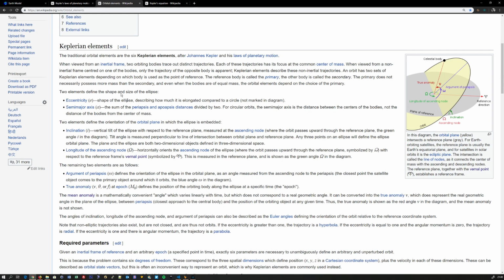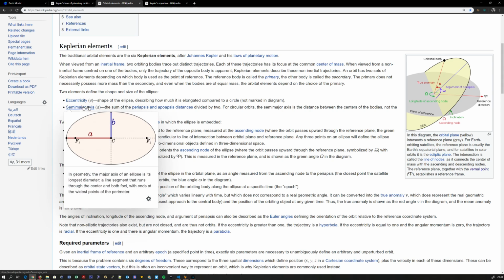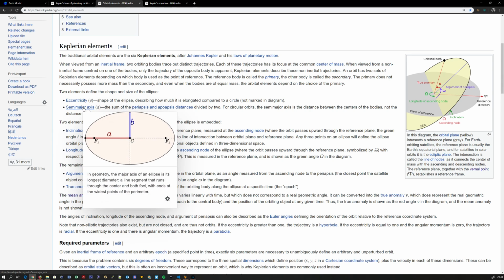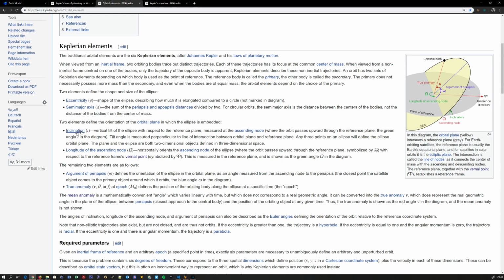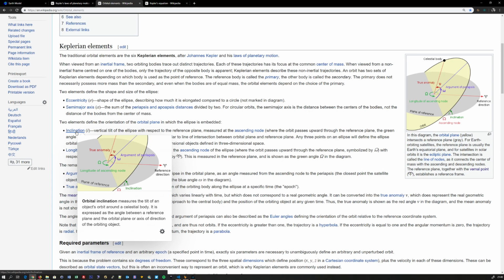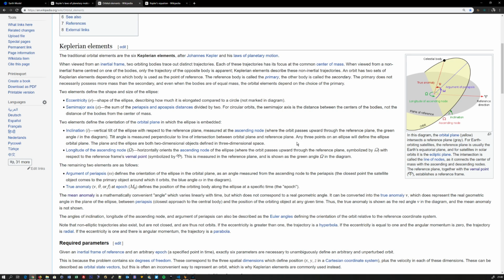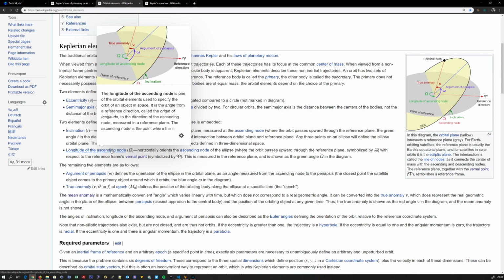So it's the shape of the ellipse, that's what we changed just then. The axis, so how big and how small the ellipse is. The inclination, which is 0 for the Earth because we are in the plane of reference, because that's us humans. The longitude of the ascending node, which is actually one point from where everything is calculated.